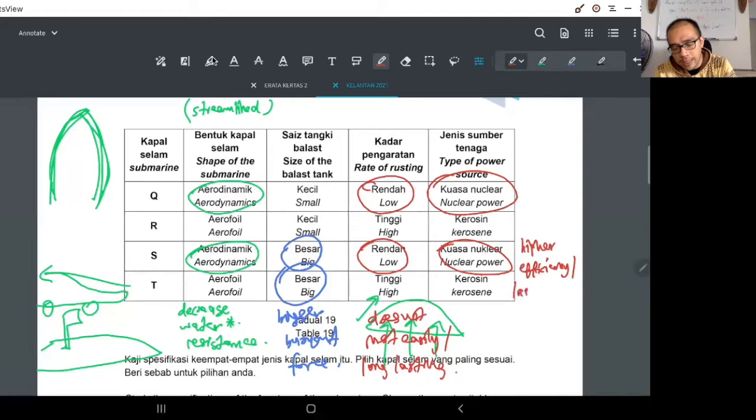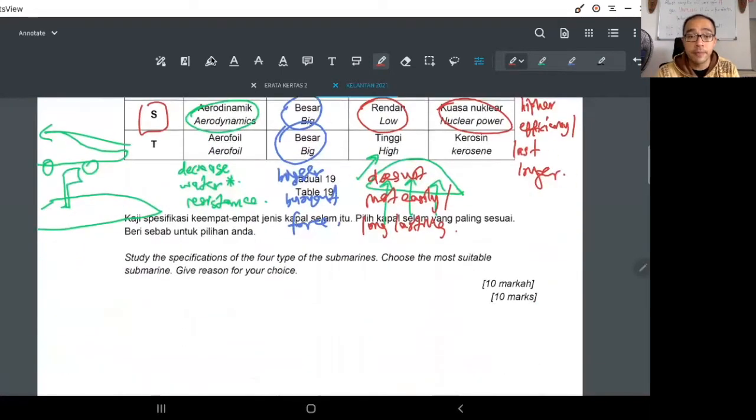You don't need to keep refilling because a little bit of radioactive material can power for a long time and a lot. So that's what we want, so that you can stay down. Otherwise, every time you finish your fuel, you have to go up and refuel and then come down again. What a waste of time that will be. So in this case, S will be the best submarine.